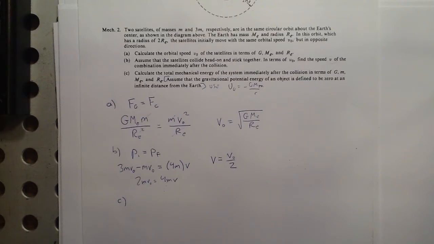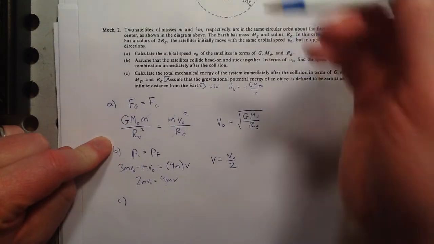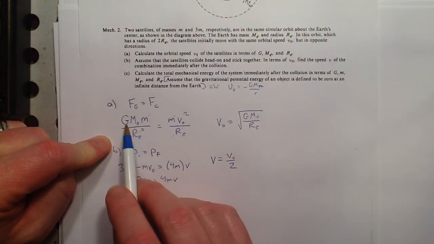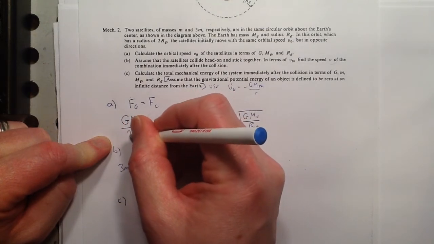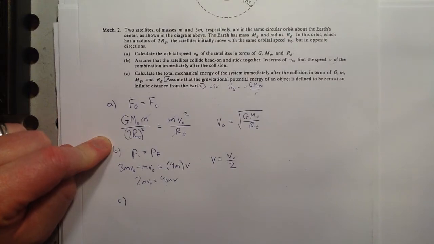Oh, hold on a second. I'm just looking at something here and noticing that I made a mistake earlier. Sorry, I'm just looking back at this. I'm glad I caught this. The radius of this orbit is 2R_E. So this would be G M_E m over 2R_E squared.